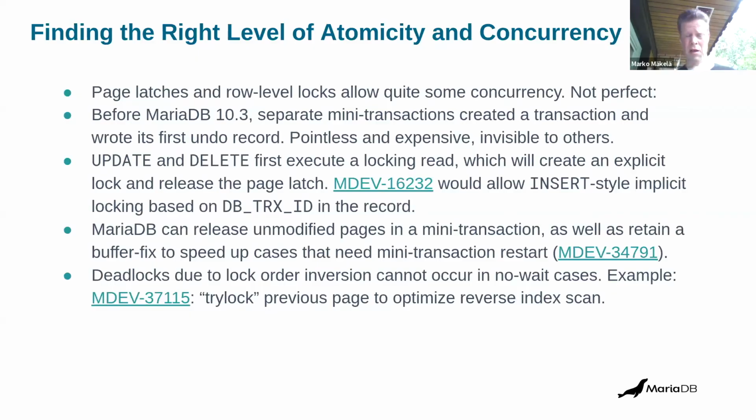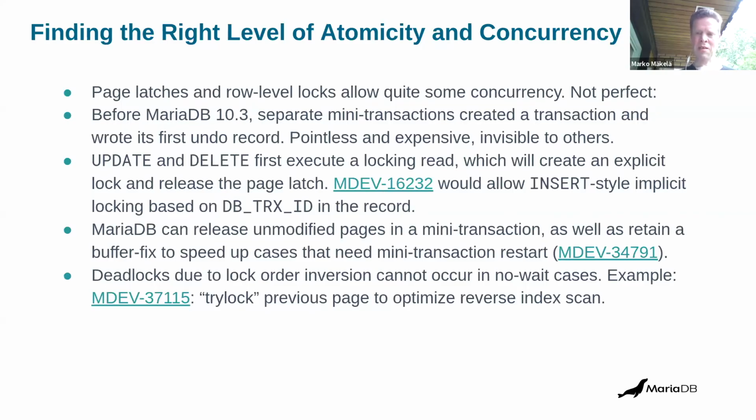There is also some work in progress to optimize some cases where Heikki thought that, okay, we have this lock order inversion, we must release everything and start from the beginning. One example is the reverse index scan. It's doing lots of busy work.